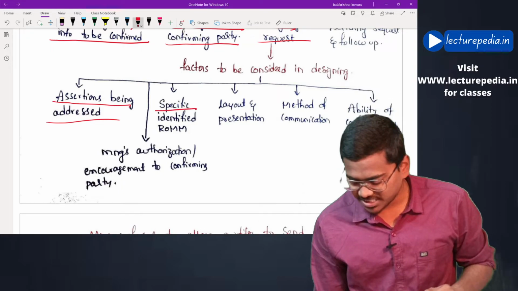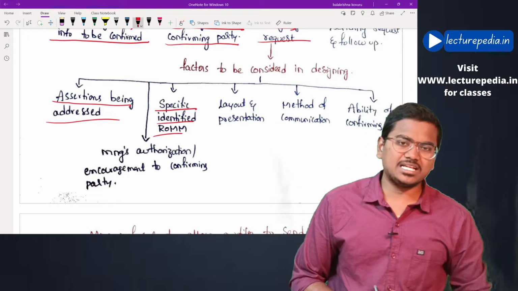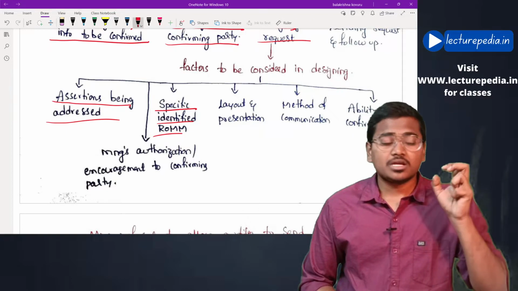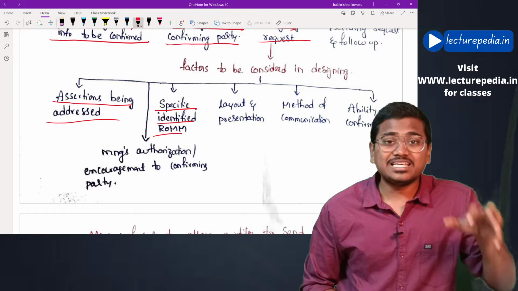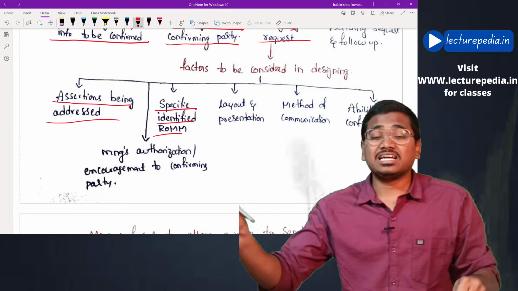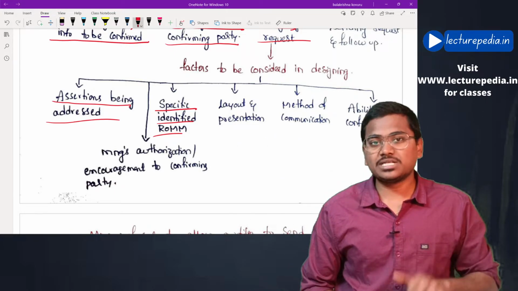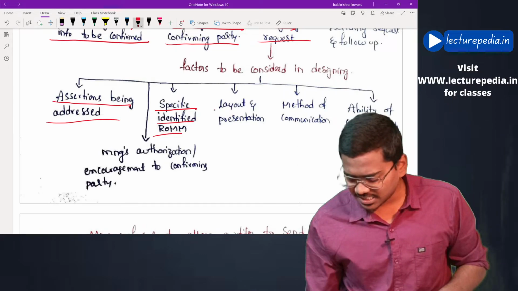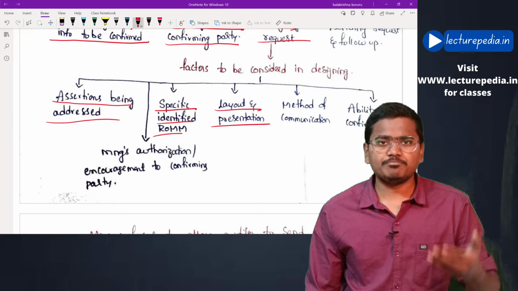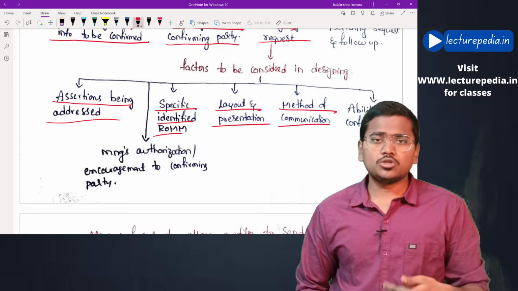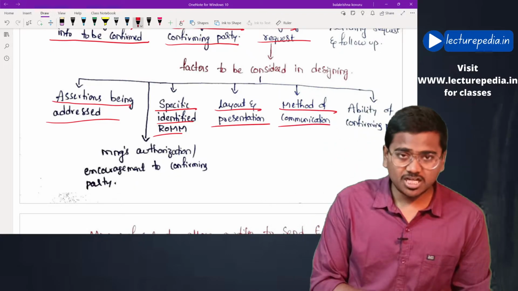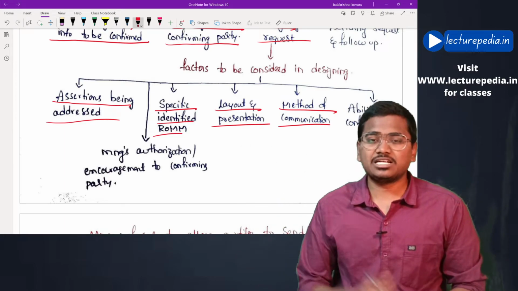Next, specific identified risk of material misstatement. What is the probability of risk of material misstatement in the area in which the auditor is seeking external confirmation? Even this has to be considered by the auditor. Next, layout and presentation of the external confirmation request. Method of communication: how the auditor is going to communicate this confirmation request to the third party.